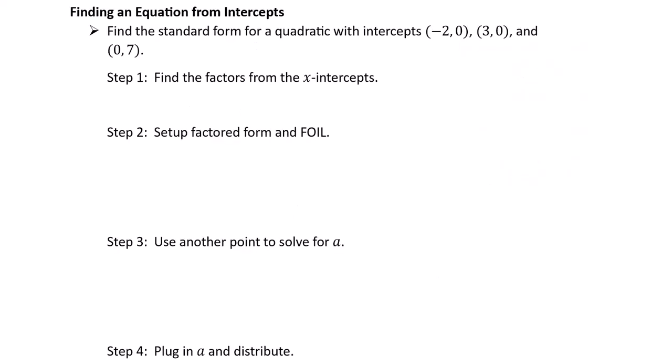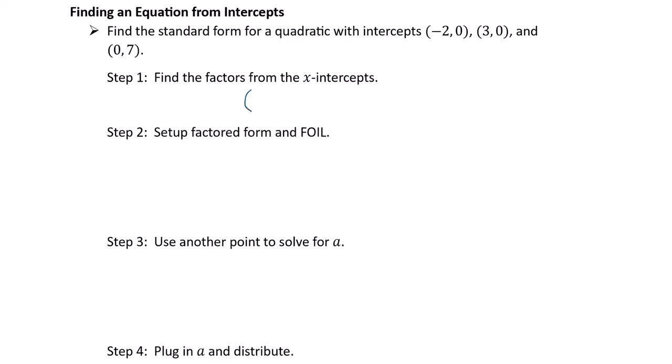Now let's say that we're trying to find an equation from intercepts. We don't have a graph, but they've listed the intercepts for us. We have two x-intercepts of negative 2, 0, and 3, 0, and the y-intercept of 0, 7. So we can find the factors from those x-intercepts.